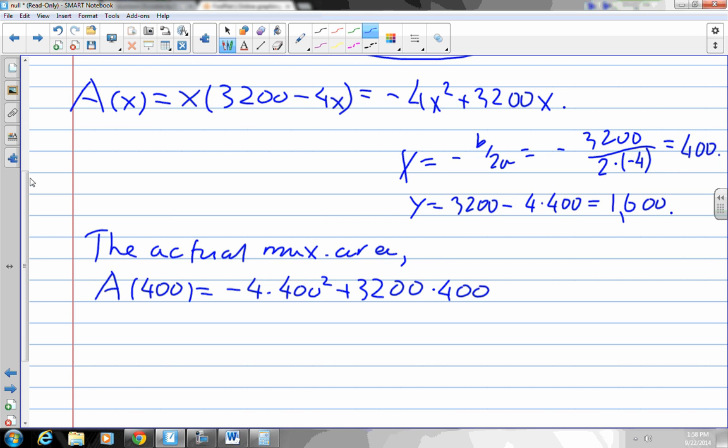Whatever that equals, it's probably easier to plug it into the factored form.